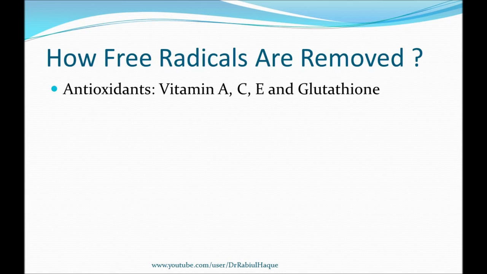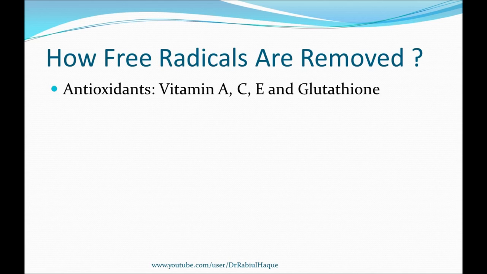You can remember that by remembering ACE. These are antioxidants. Also remember glutathione, which is found in the cytosol. That can also act as an antioxidant, and they can either block free radical formation or inactivate the free radicals. That is, they can also act as scavengers of free radicals.